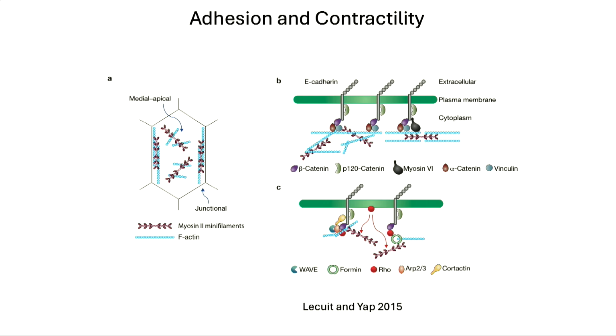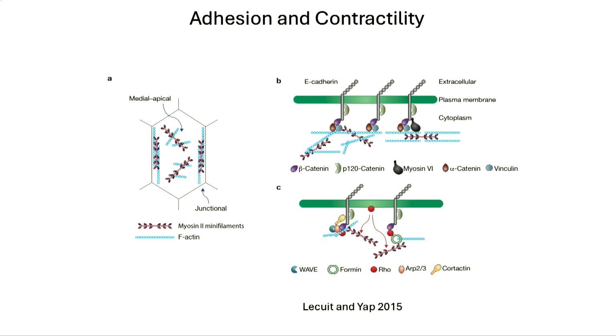And the actin cytoskeleton itself can also have differing organizations based on the activation of myosin. All right. In addition to this, there are other actin regulators which regulate how much bundled or branched actin is present in the periphery of the cell.